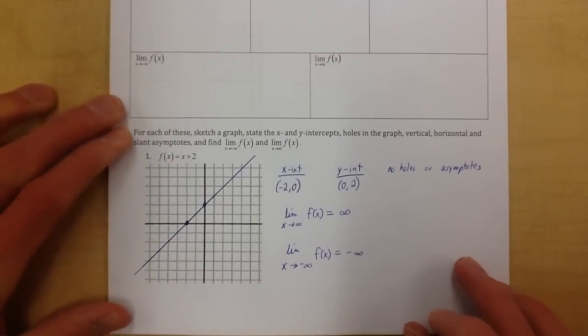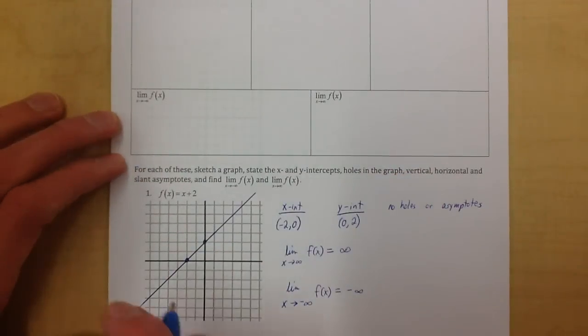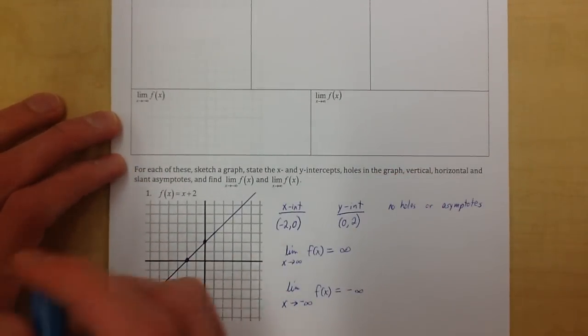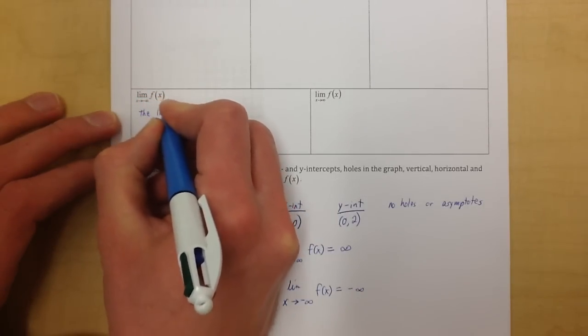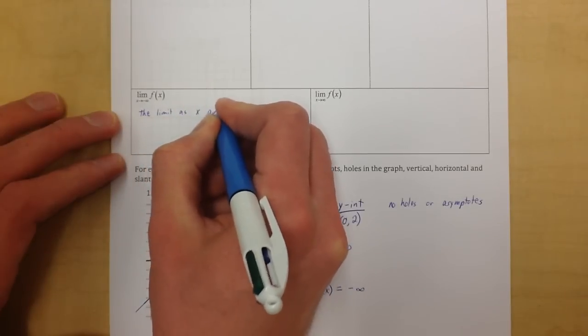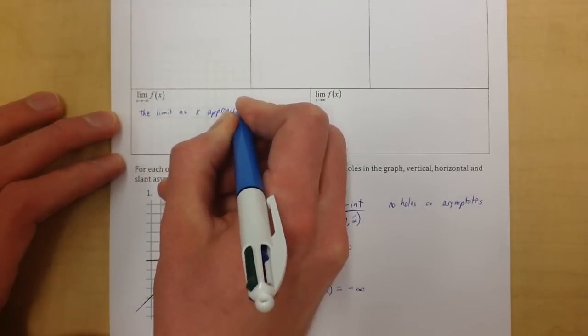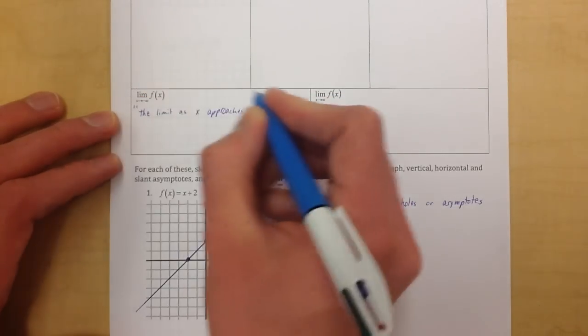Okay, I'm going to really briefly try to define some stuff up in these bubbles right here. The limit as x approaches negative infinity, that's the way it reads.